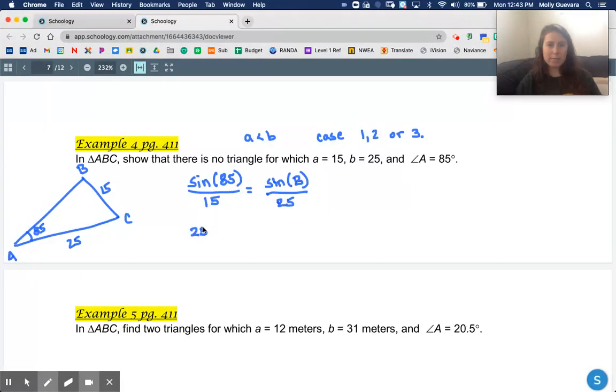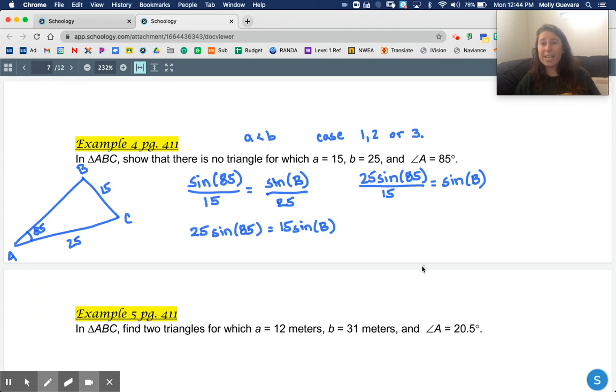So 25 sine of 85 equals 15 sine of B. So let's go over here. So I have 25 sine of 85 divided by 15. So I'm going to divide both sides by 15. And that equals sine of B.